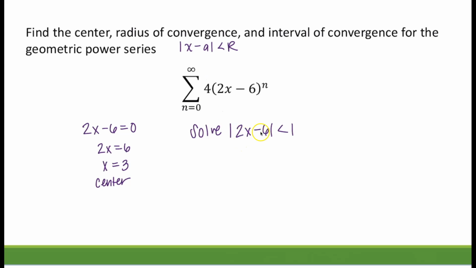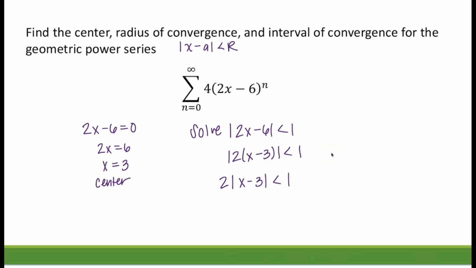I have 2x here. So what I'm going to do before actually solving this inequality is I'm going to factor the 2 out of here. So I could take out a 2 and I'd have 2 times the quantity x minus 3 is less than 1. And the absolute value of 2 is 2. So I can pull the 2 out of the absolute value bars, and then I have x minus 3 left inside those absolute value bars. And then I can divide by 2.